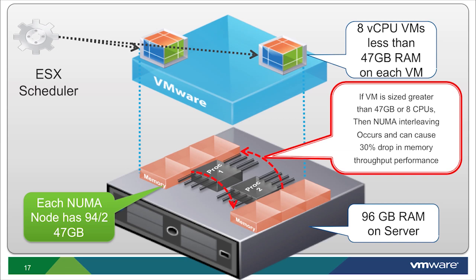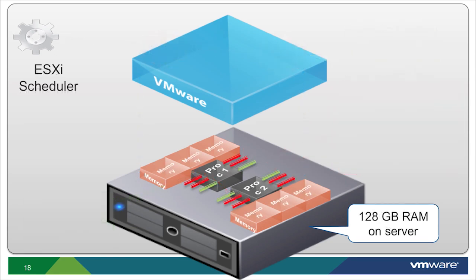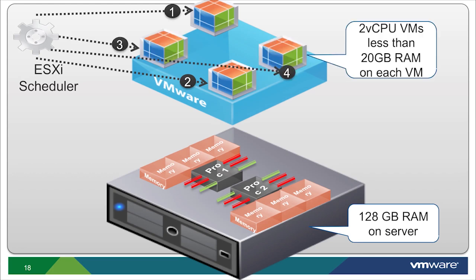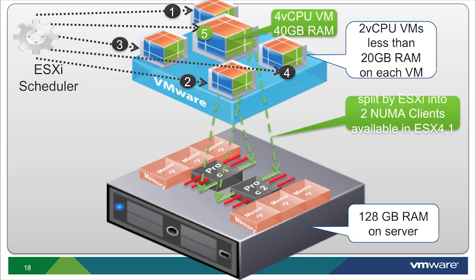In fact, let's say I've got a situation where I've got 4 VMs, all nicely pinned to the right NUMA node, all very highly local and so on. But then I get a 5th VM that doesn't quite fit within each of these NUMA nodes.